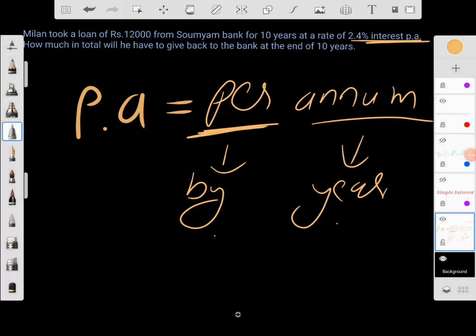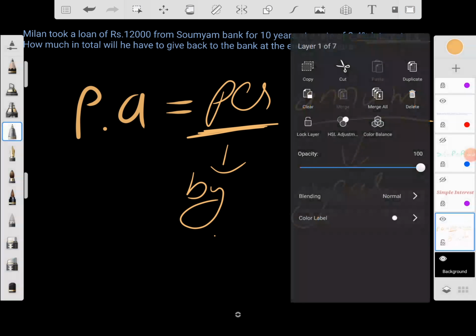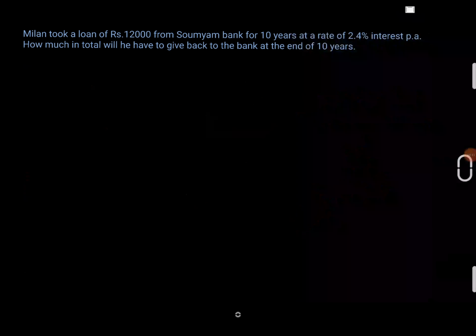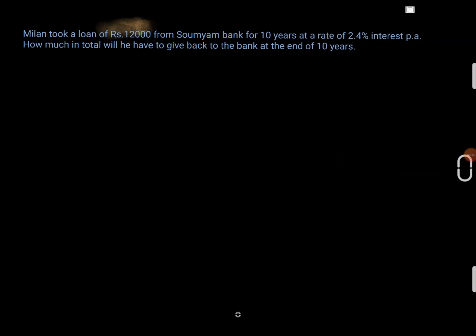Now what all do you see in the question? First of all, what's the principal amount? He took a loan, the borrowed amount is rupees 12,000, so that is the principal amount, from Saumiam Bank for 10 years. So you got the time also. Time is 10 years at the rate of 2.4% interest per annum.